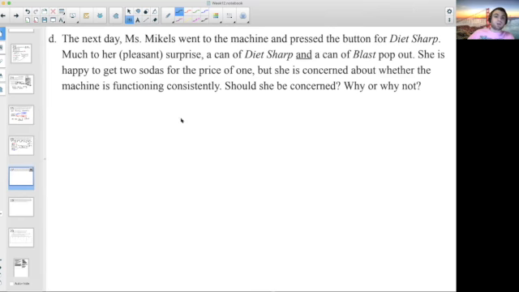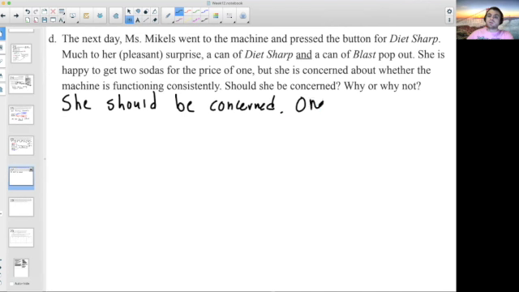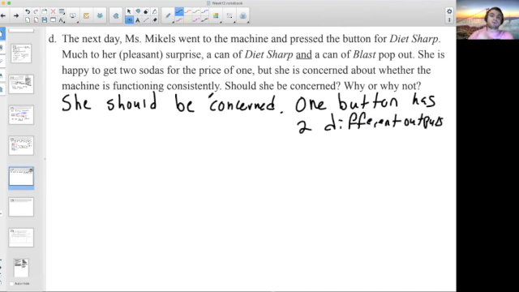All right, here we go. So she should be concerned, because one button or input has 2 different outputs. Okay, here's what it looks like.